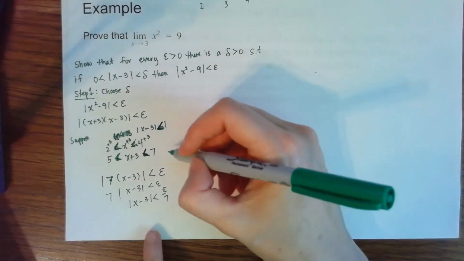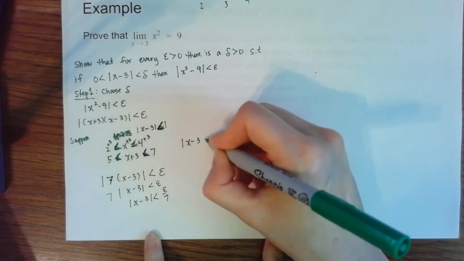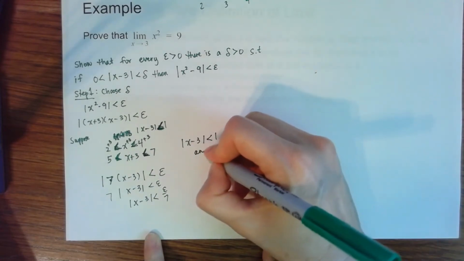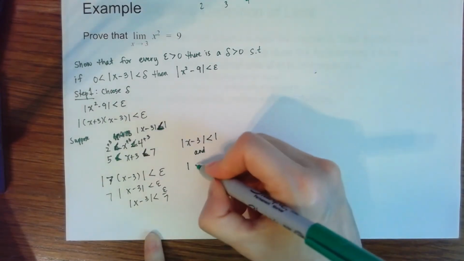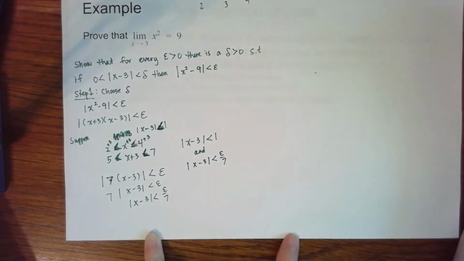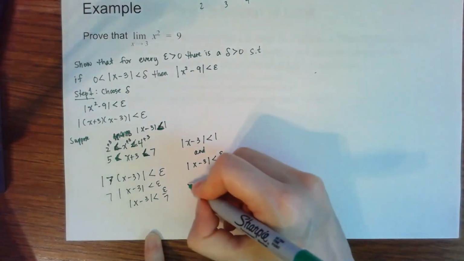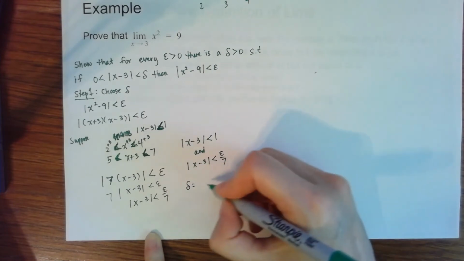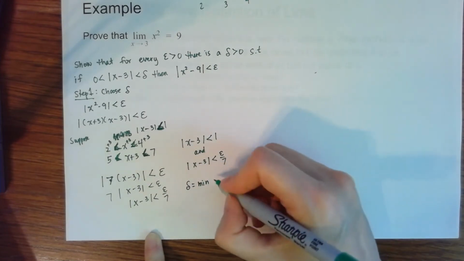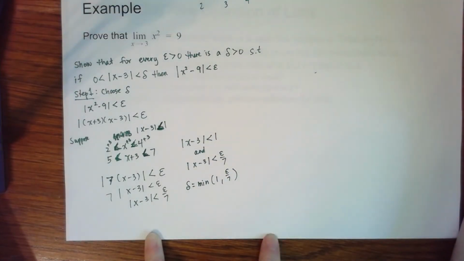I just assumed that |x minus 3| was less than 1, and then later on I chose down here |x minus 3| is less than epsilon over 7. So I really have to choose my delta carefully because I have these two different conditions. What I'm going to have to do is choose delta to be the minimum of 1 and epsilon over 7, whichever is smaller.